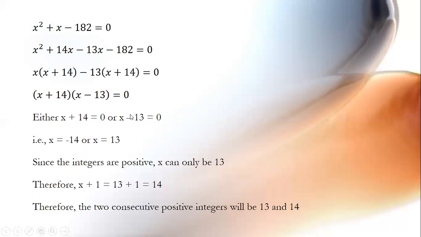Here we are equating the linear terms. So x is equal to minus 14 or x is equal to 13. But integers are positive. So x can only be 13. Therefore, x plus 1 is 13 plus 1 equal to 14. So the two consecutive positive integers are 13 and 14.